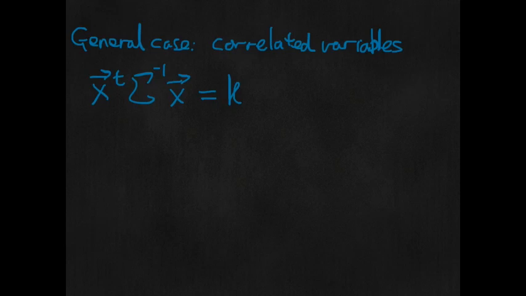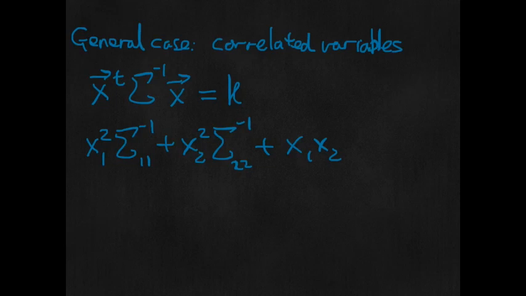Now, if I were to write out this equation here, for our two variable case, I get x1 squared times the 1/1 component of sigma inverse, plus x2 squared times the 2/2 component, plus x1 x2 times the 1/2 component of sigma inverse.